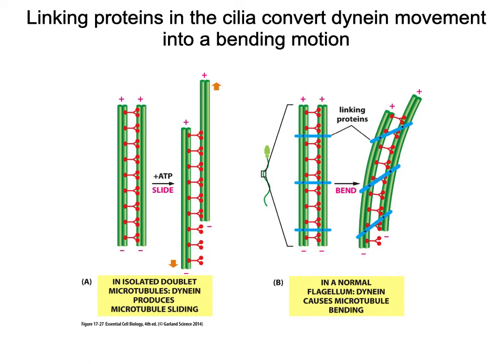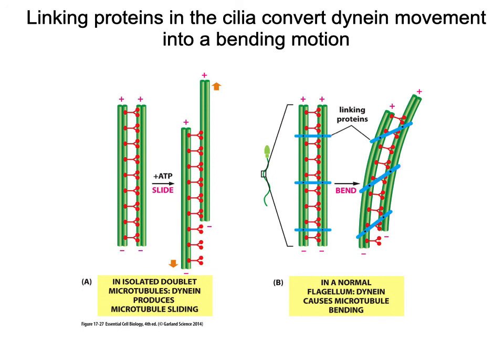So in order to actually get this beating or power stroke to happen, we have to have linking proteins present. The linking proteins cause there to be a bend, because as the dynein is trying to walk, you end up getting a bending or flexing of those microtubules.